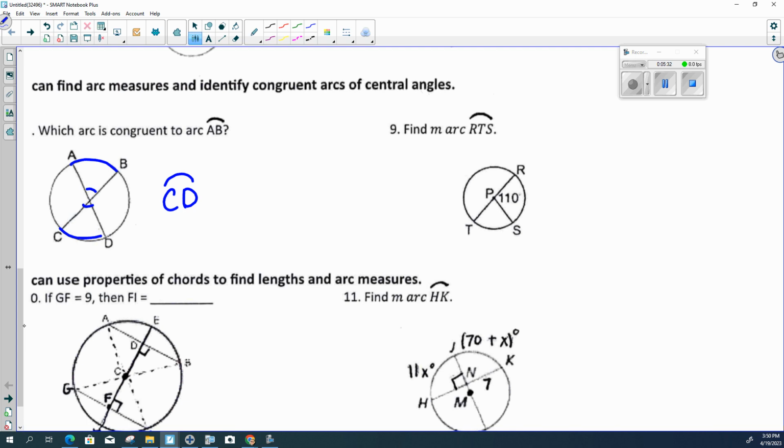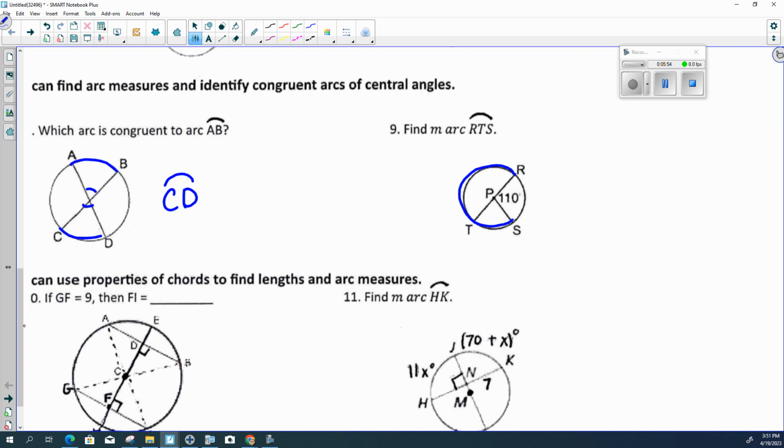Okay, find the measure of arc RTS. And they gave me that third letter to let me know which direction. I have to pass the T before I get to the S. So I'm looking at my central angle definition. There's not a place in the boxes, but I wrote mine up above.